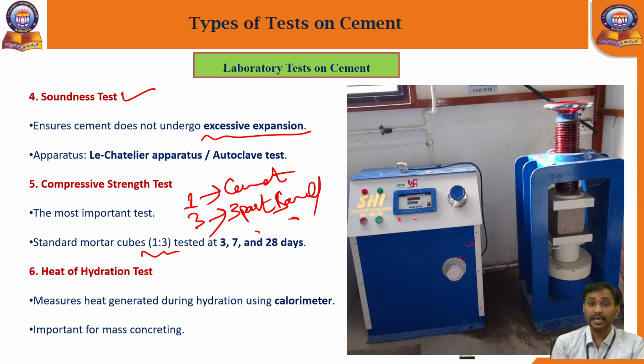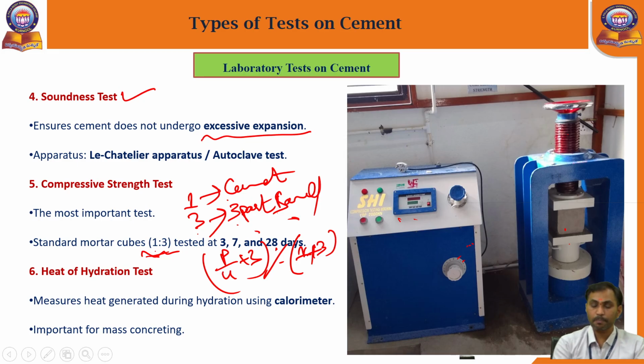But what I am conducting here is the test for cement, so I take 1:3 as the standard. 1 part of cement, 3 parts of sand.